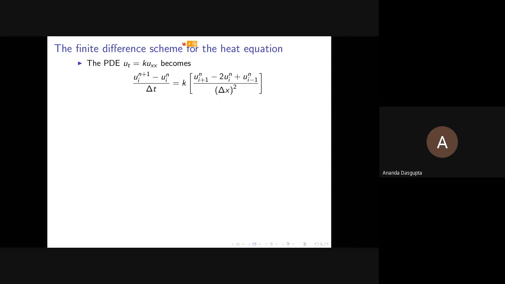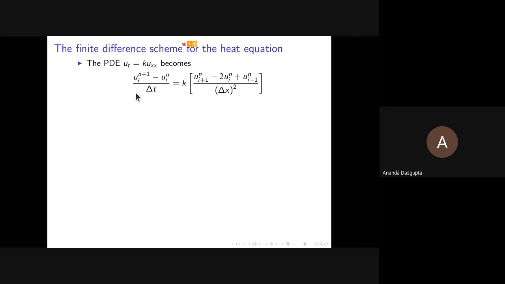So I know the initial value completely. But then notice that if I plug it in this equation, that will tell me u_i^1, I'm reading the n index first, u_i^1 for every i.